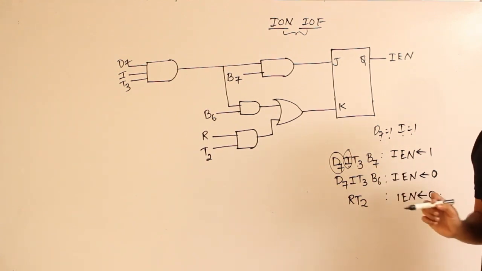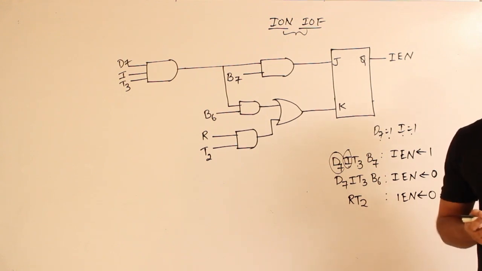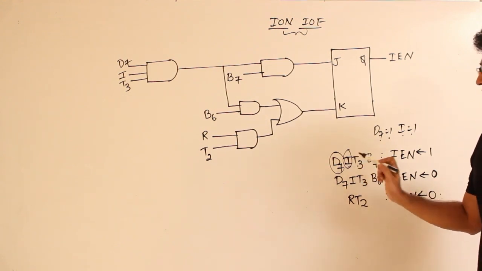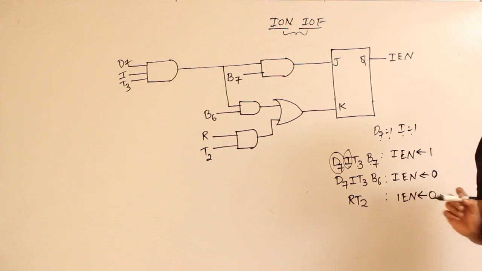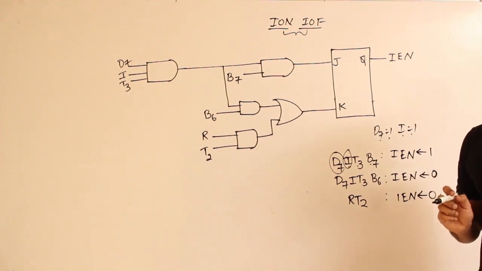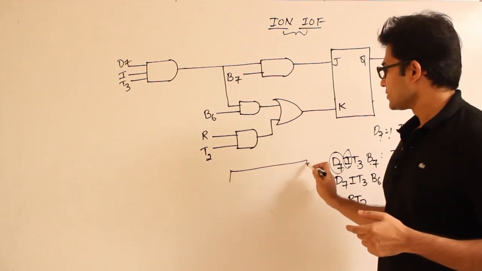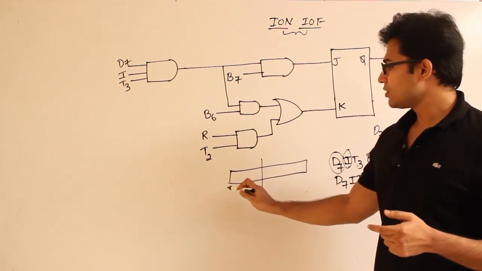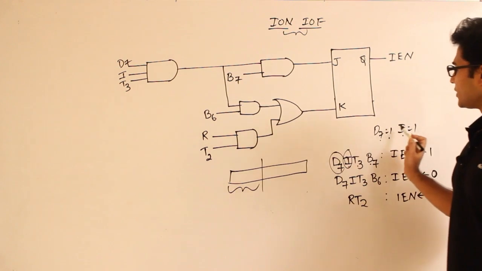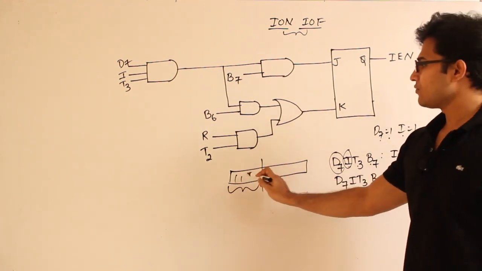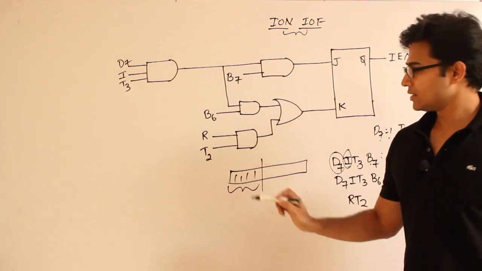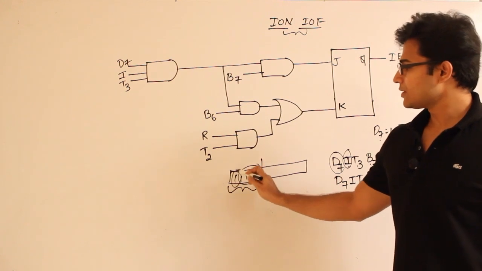And whenever it is T3, it means that you are trying to execute an IO related instruction. And B7 is 1. If you remember, in the operand part, the first 4 bits say that it is an IO related instruction: 1 1 1 1. This is D7 and this is I.